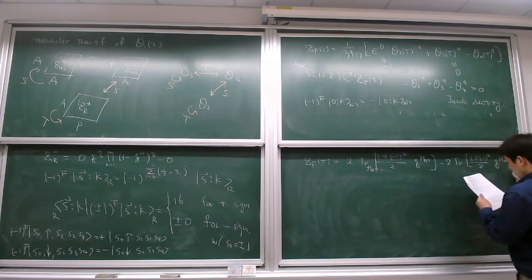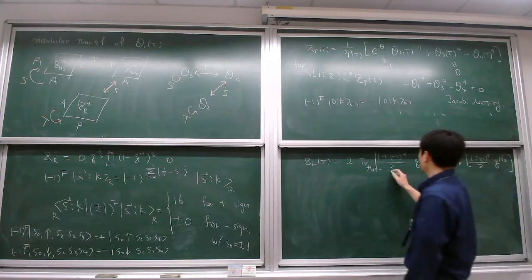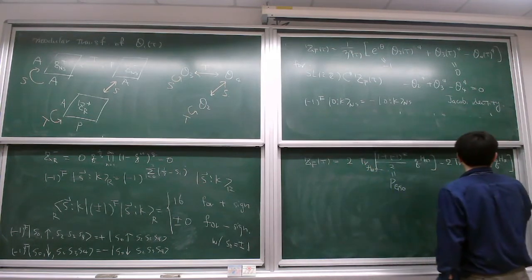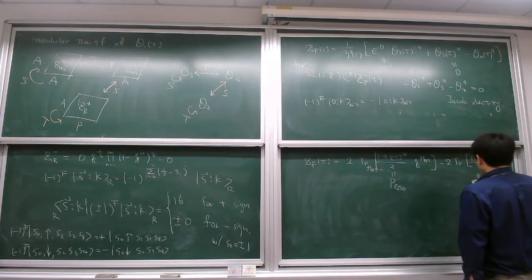And this one can be understood as the GSO projection operator of the fermion. This is Ramond. This is NS.